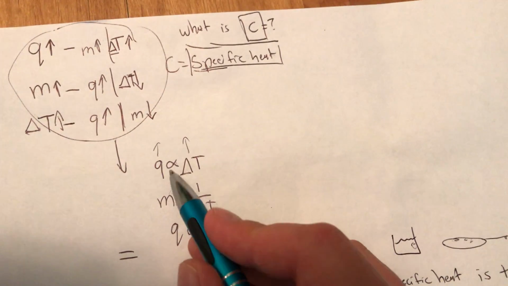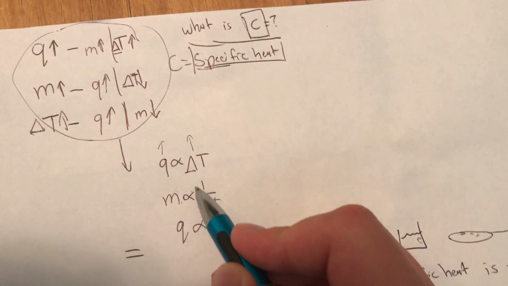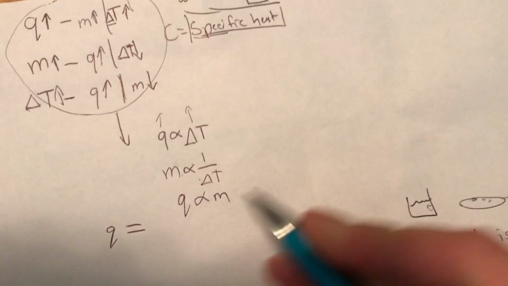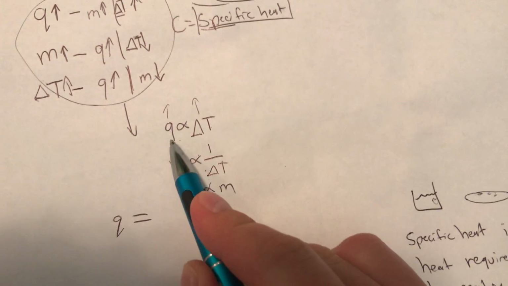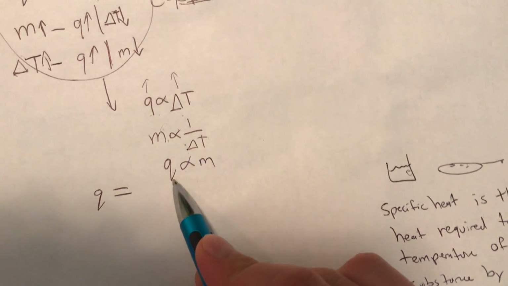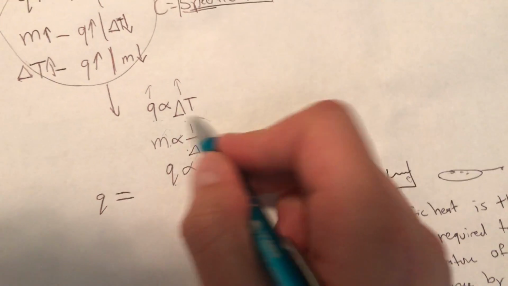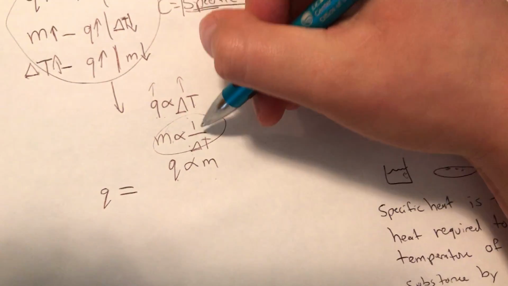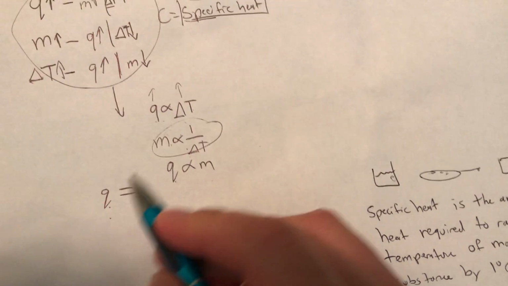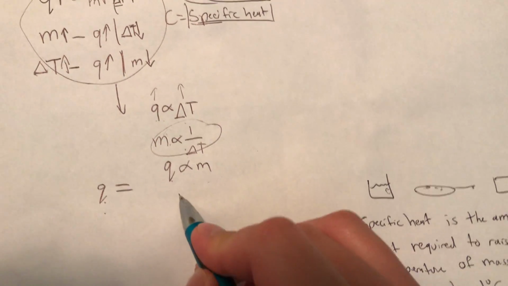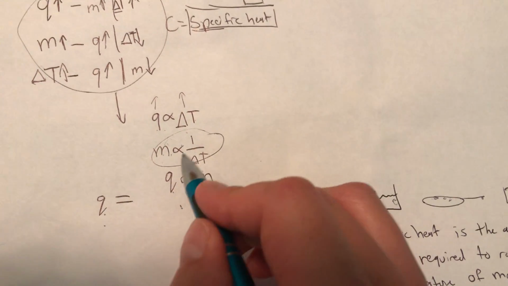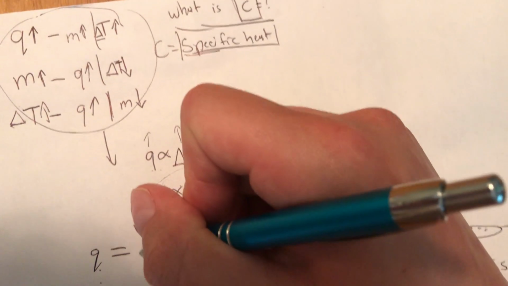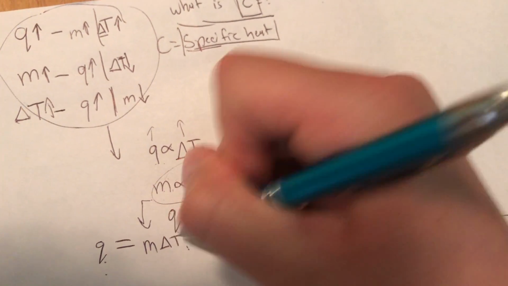Whenever it's directly proportional, they should be on opposite sides. So Q should be on the opposite side of delta T, and Q should be on the opposite side of M. When it's inversely proportional, they're going to be on the same side of the equation. So M and delta T should be on the same side.